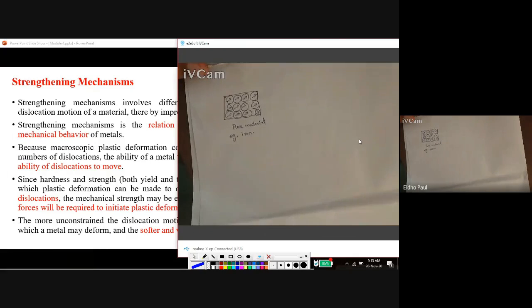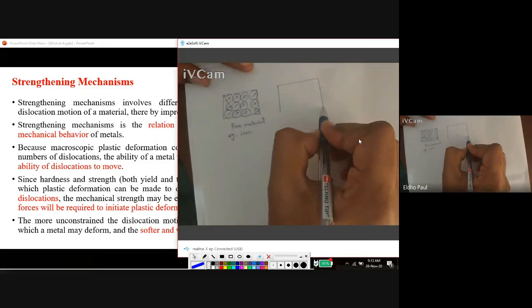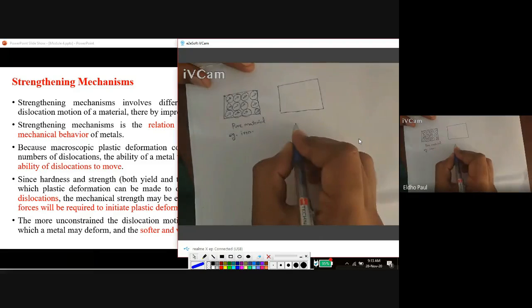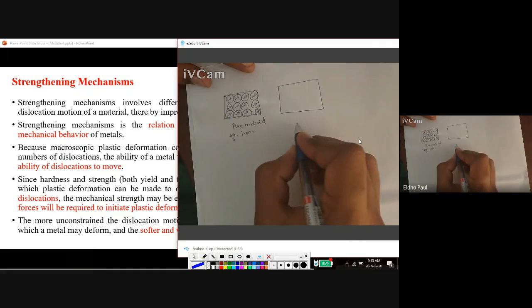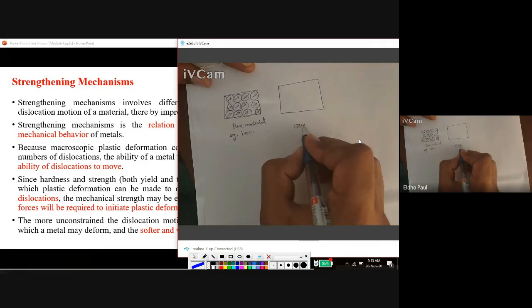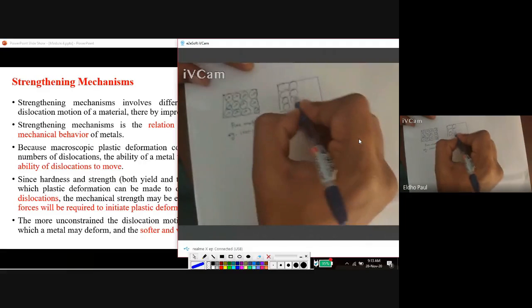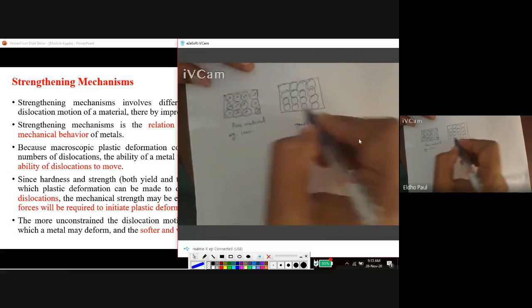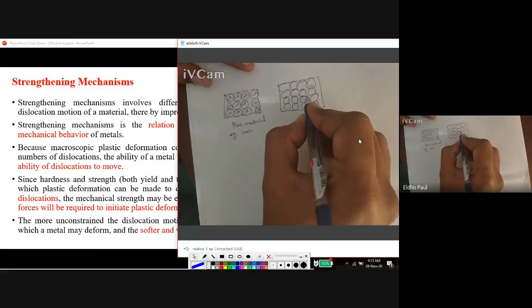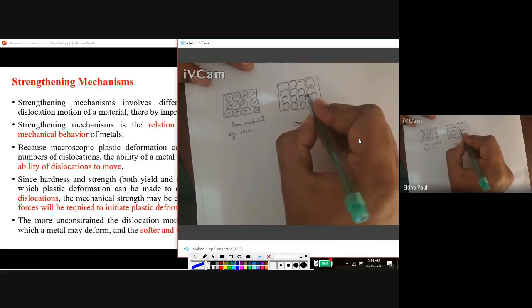Next I am going to take another material, that is steel. Steel is not a pure material. In steel, we have iron, and in the interstitial positions of the iron, we have carbon particles.